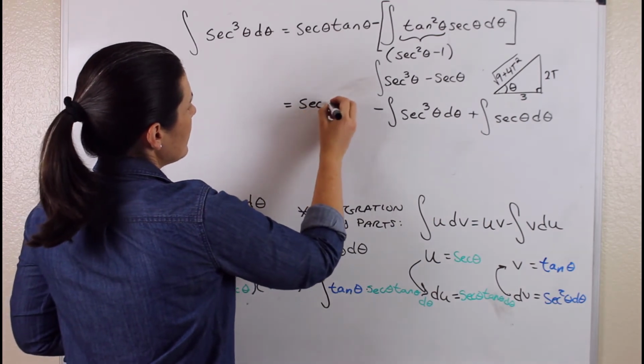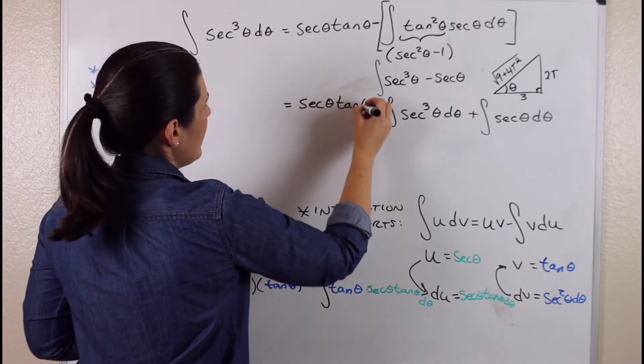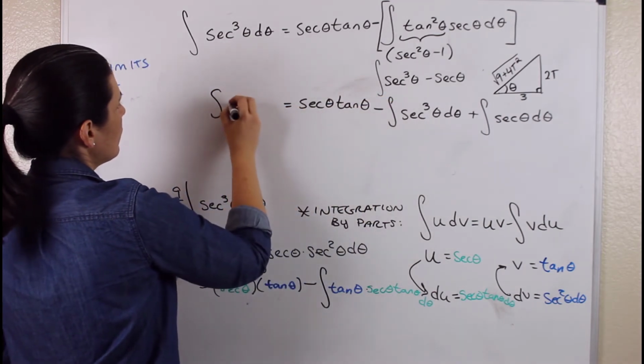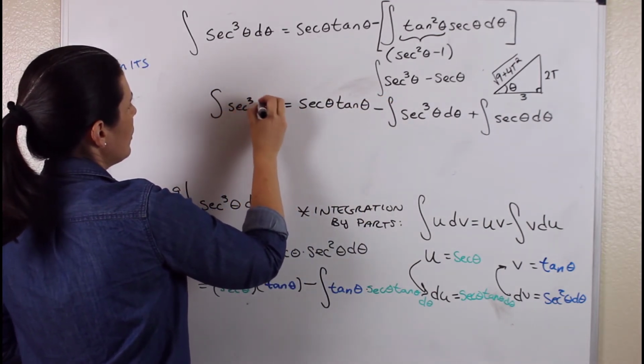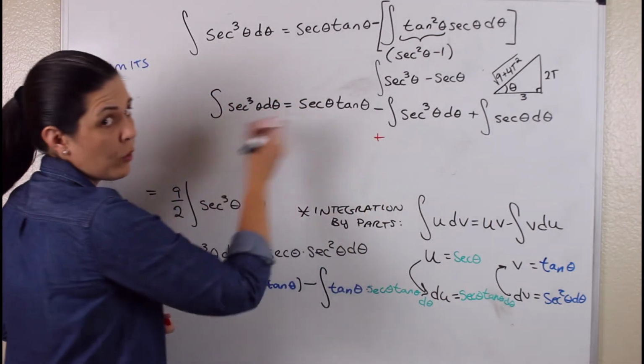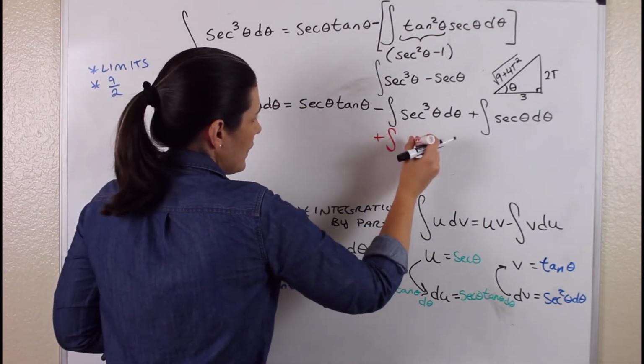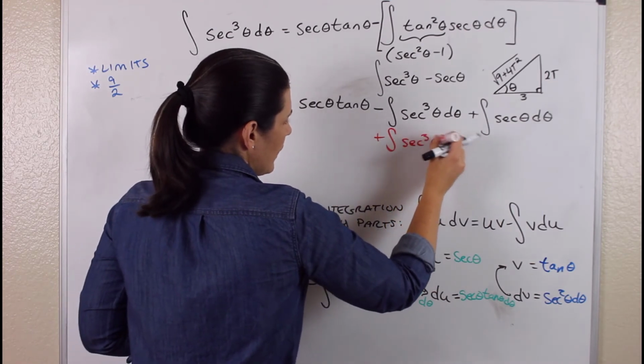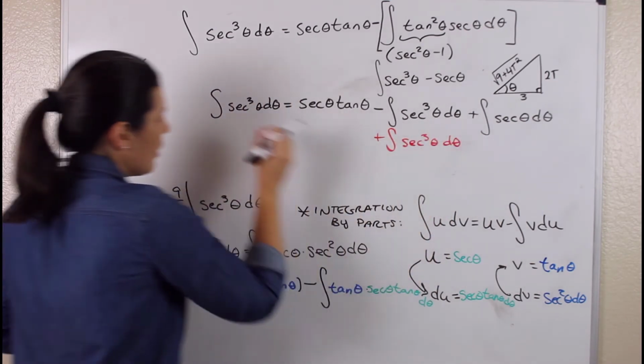So what I'm doing technically is, if I bring this down so you can keep track, this is secant theta tangent theta equals integral of secant cubed theta d theta. I'm moving this term over because it is an equation, so I can go ahead and say plus the integral of secant cubed theta on both sides.